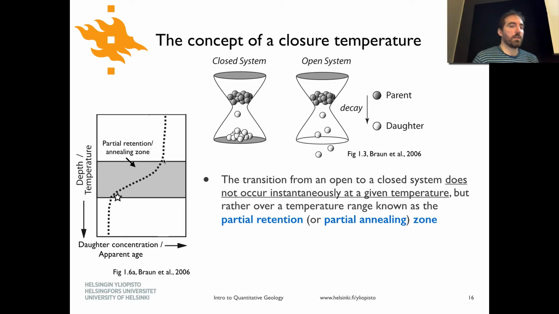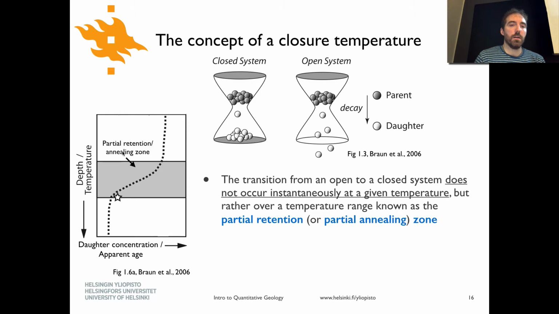This region in here is called the partial retention zone, which, if you think about it, partial retention makes quite a bit of sense for what is happening here. We're keeping some of the daughter product, not all of it. Or you can call it the partial annealing zone. That relates to the repair of the crystal structure from one type of radioactive decay.